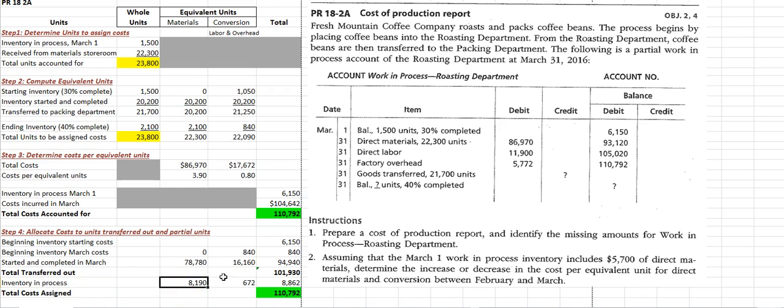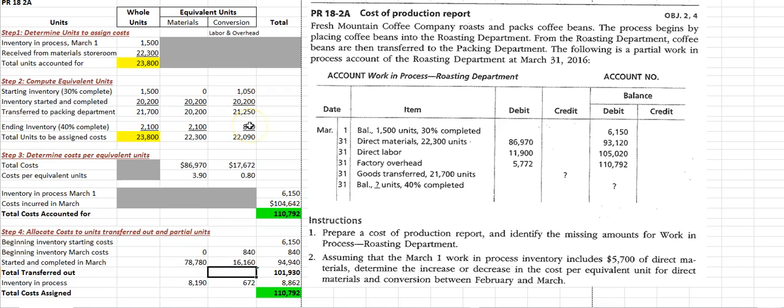Well, we do the same thing. We have 2,100 equivalent units, 40% complete, right? So as far as materials, it's 100% complete. So we have 2,100 equivalent units charged at $3.90. We will allocate a total of 8,190 in materials cost.